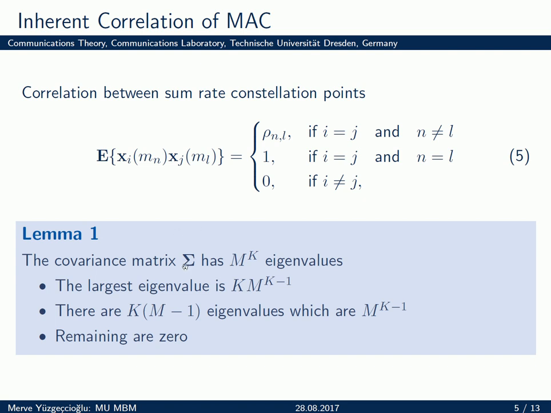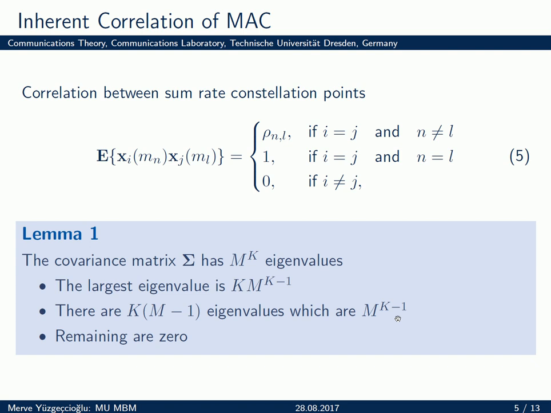So M is the size of the constellation diagram, K is the total number of users, and this covariance matrix finally has M^K eigenvalues, and the largest eigenvalue has the value of K times (M over K minus 1), and there are K times (M minus 1) eigenvalues which have the value M over K minus 1, and all the remaining eigenvalues are 0.